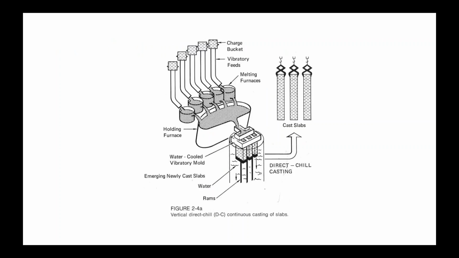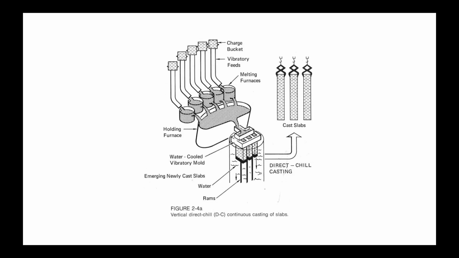Here's another way, and this is slabs or cake in the copper industry. You have charging buckets and multiple melting furnaces, all feeding a big holding furnace, which then feeds a series of metal handling troughs, or launders as they're called in the industry, which go into a series of molds. The molds are rectangular in cross-section and fairly thick.